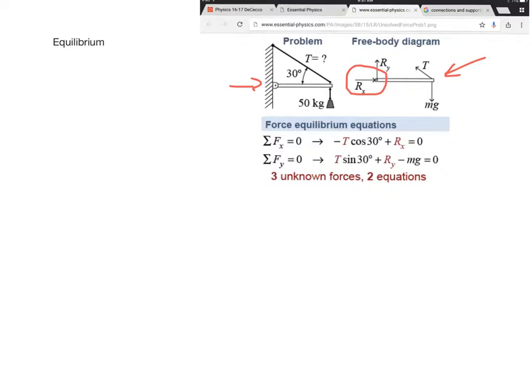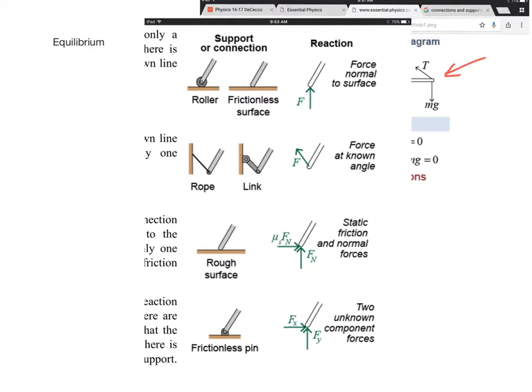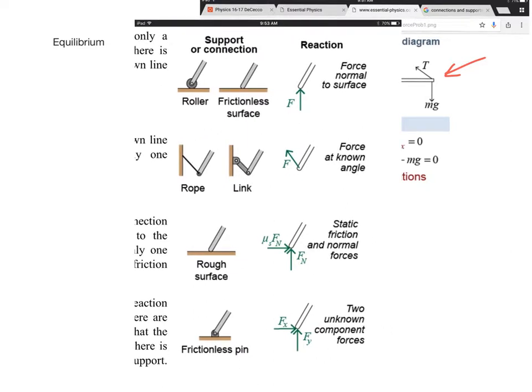So if we look at another image, which is from last year's textbook, these are showing the different types of connections. For a frictionless surface or something that's on a wheel, there is only the upward force from the surface in contact with the support or connection, whatever the object is, the beam, the ladder.